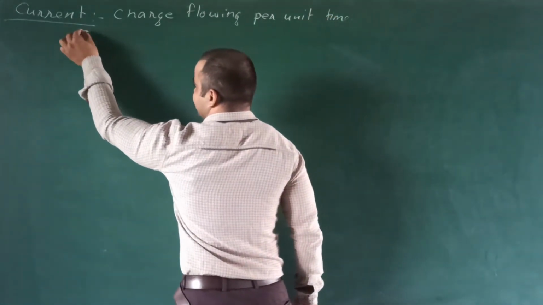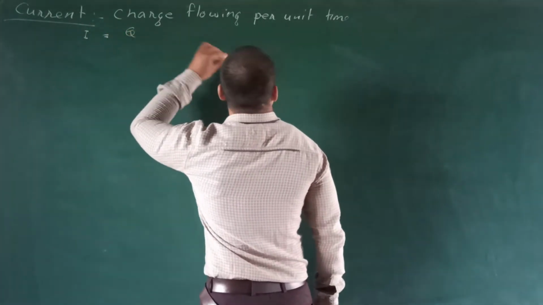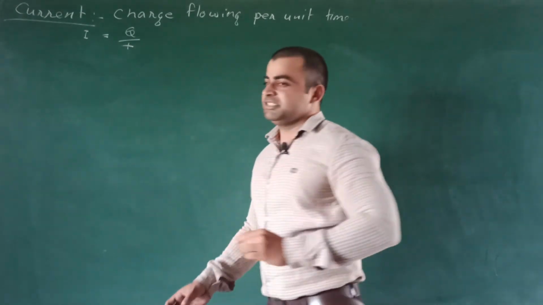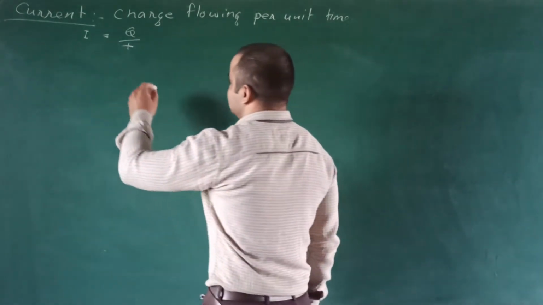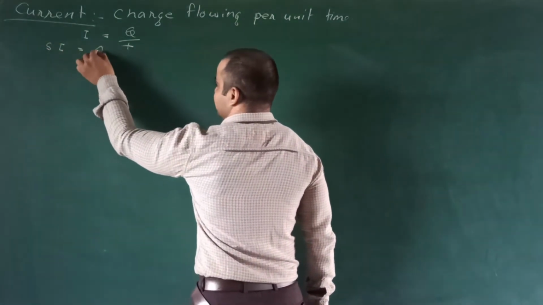Current is denoted by I, charge by Q and time by T. Current is measured with the help of an ammeter and the SI unit of current is ampere.